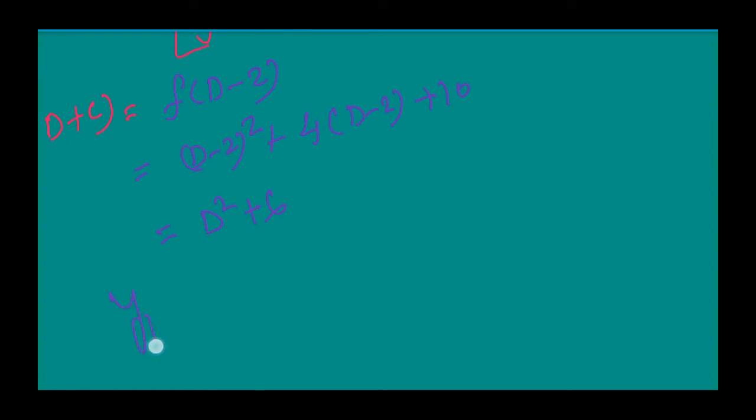And y_p is given as e to the power minus 2x, 1 by (D square plus 6) whole into cos 3x, and D is the differential operator. Generally here we can write it as e to the power minus 2x.